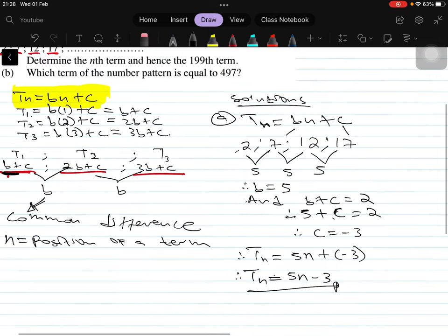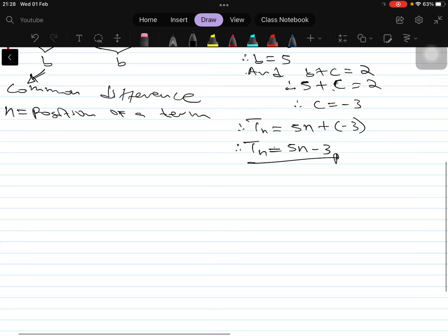They are saying to you, hence determine the 199th term. This is the nth term. The 199th term is going to be equal to 5 into 199 minus 3. You basically just substitute where you see n, you put 199.